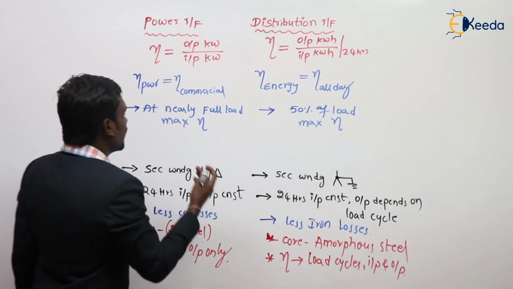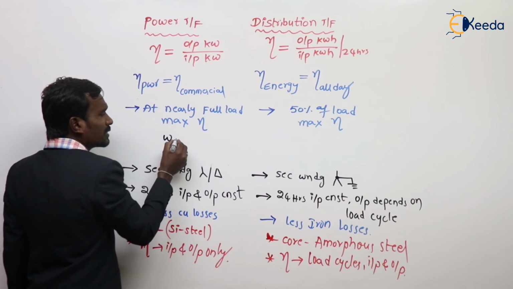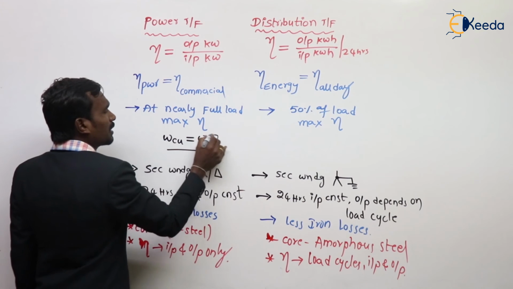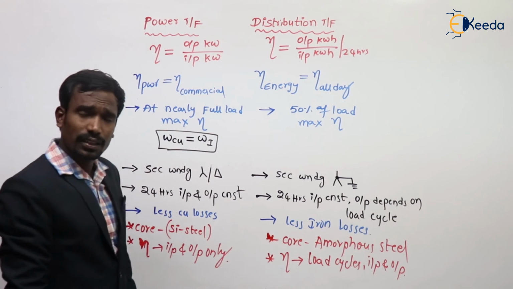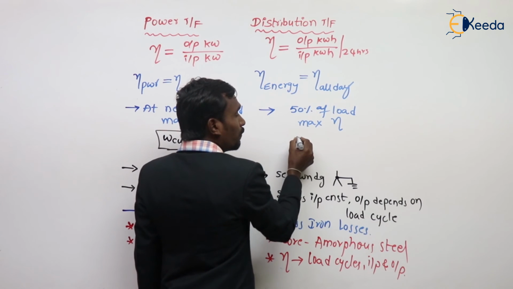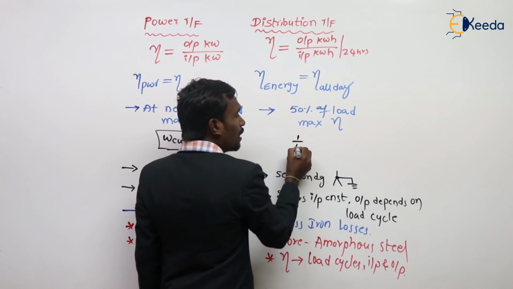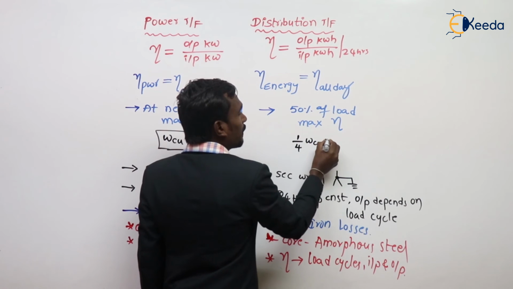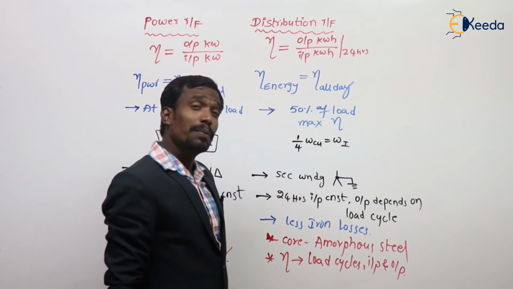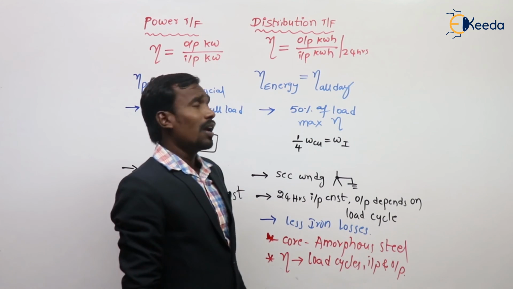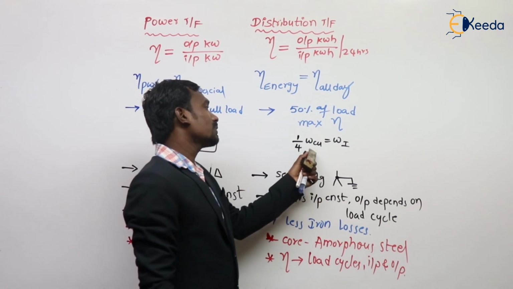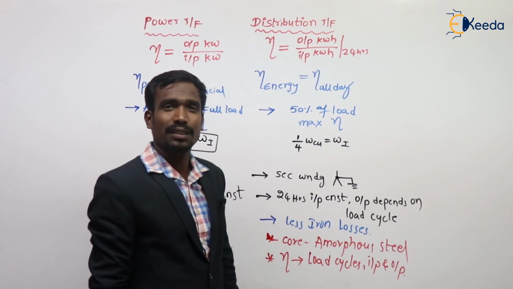In a power transformer, at full load maximum efficiency occurs, that is, copper losses equal iron losses at maximum efficiency. But in a distribution transformer, at 50% of load, one-fourth of the copper losses equals the iron losses. At 50% of load, what is the copper loss? Half whole square, that is one-fourth of the copper losses.